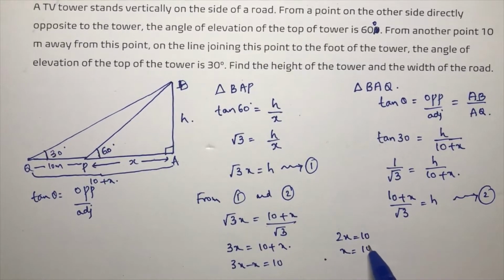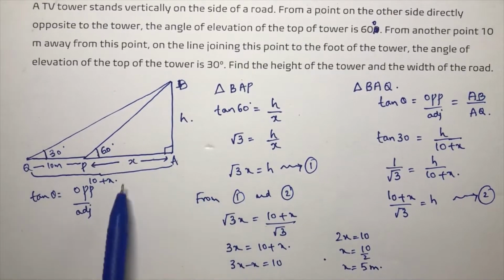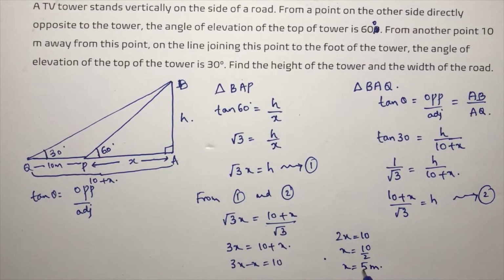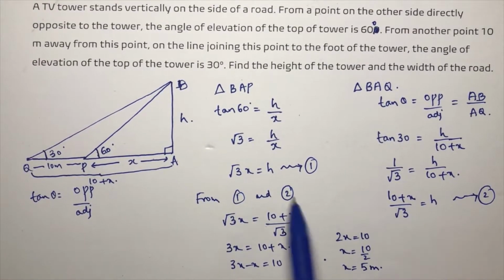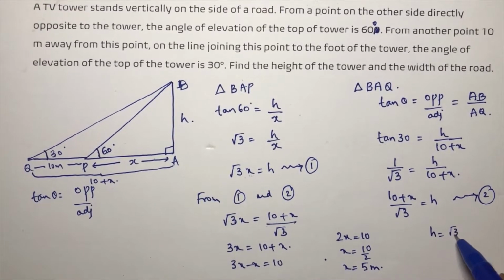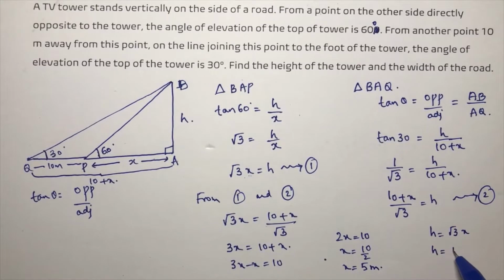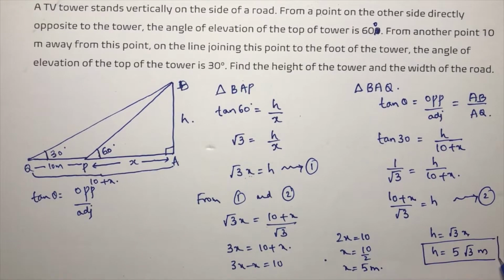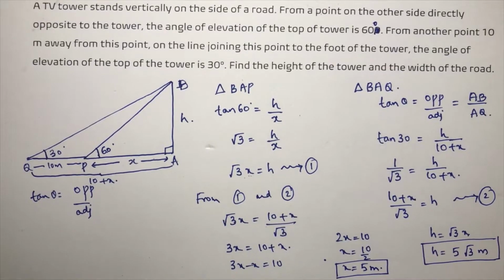So x equals 10 by 2, x equals 5 meters. So the width of the road is 5 meters. For height, you can substitute here, directly substitute to get the value of h. h is root 3 x, h is 5 root 3 meters. This is the height of the tower, and the width of the road is 5 meters.